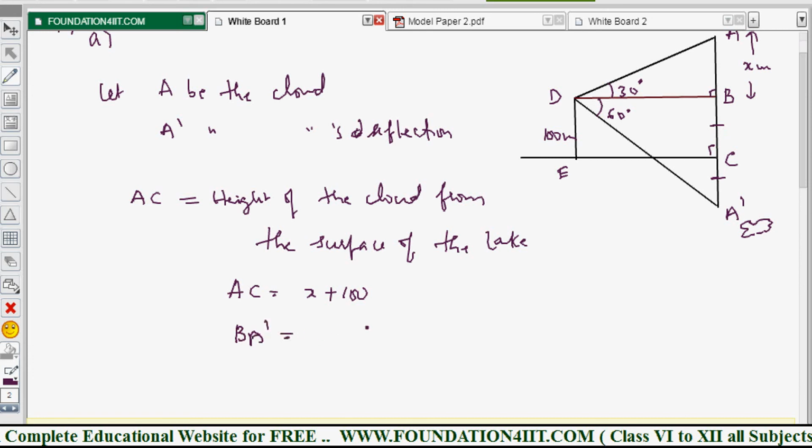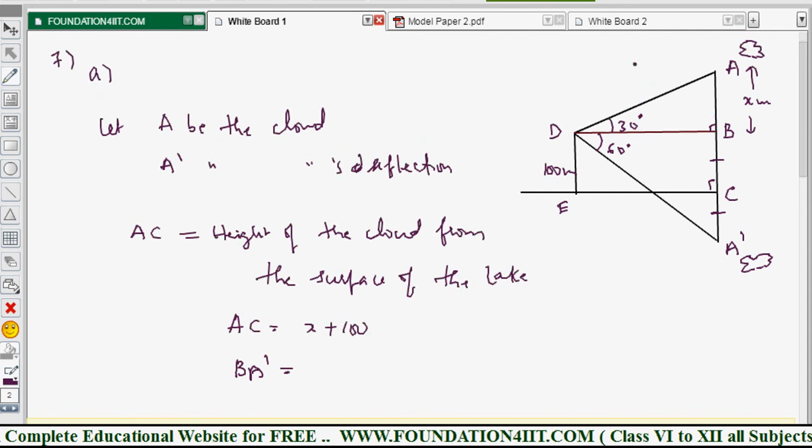So BA dash is x plus 200, because AC is equal to CA dash. A to C is equal to CA dash. Okay, this is the reflection.